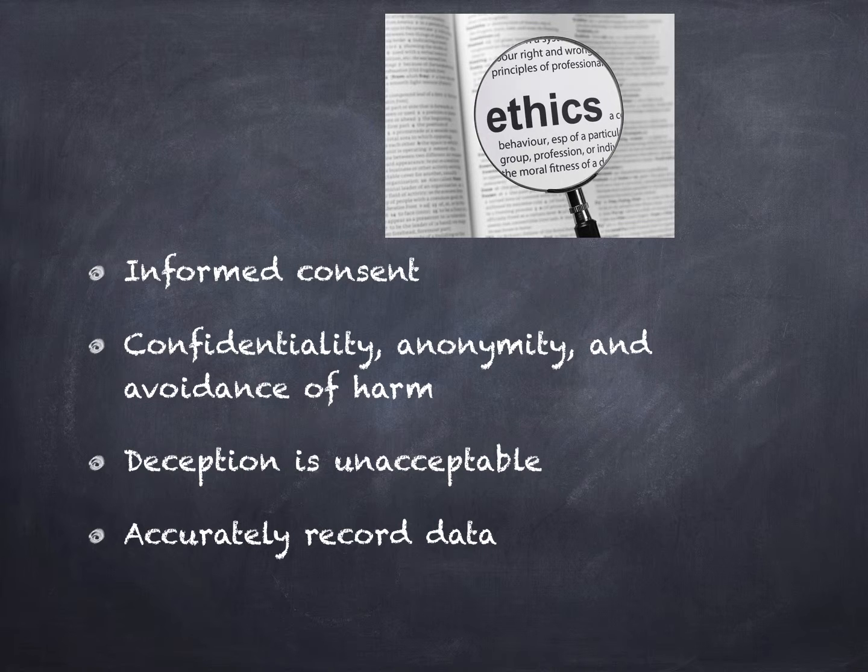And we always want to make sure that we're avoiding harming students or people that we're studying in any way. Also, in a classroom situation with children, deception is always unacceptable. You don't ever want to deceive anyone during the course of data collection. And then we always want to accurately record data. We want to make sure that if we are studying our own classroom or our own projects, that we're accurately recording the information so that we're not coding the data so that it shows something that we want it to show.